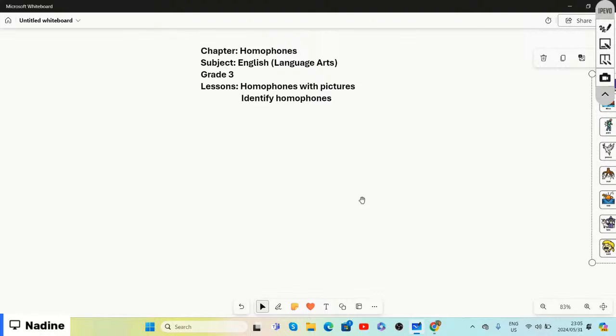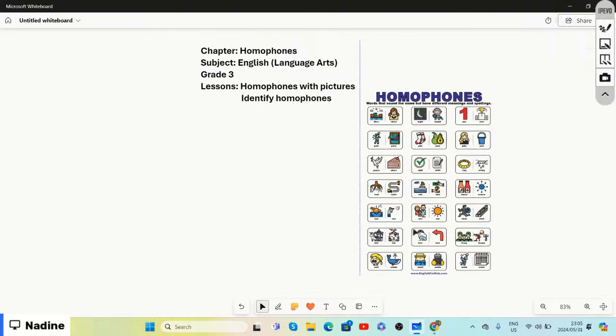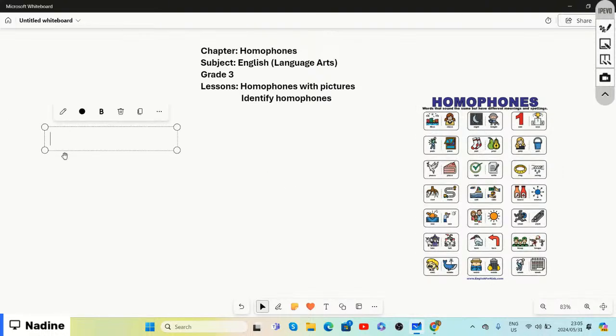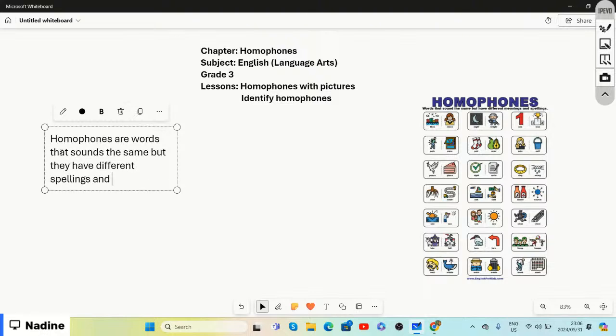So homophones are words that sound the same, but they have different spellings as well as different meanings, right?